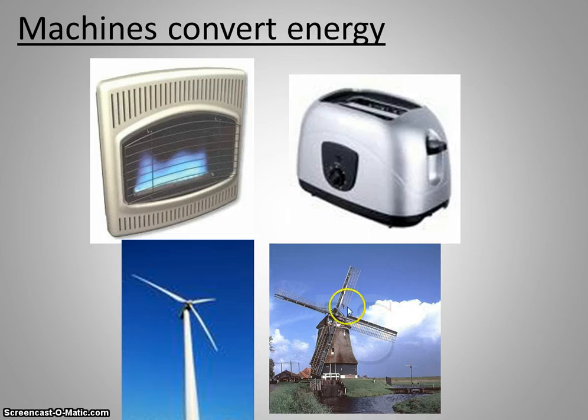And here's another windmill, which is going to use the wind energy, once again, that mechanical energy of the wind, and turn it into the energy that we need, either electrical energy or more kinetic energy, mechanical energy, to maybe turn the stones in a mill to grind wheat for bread or whatnot. It can convert the mechanical energy of the wind into other mechanical energy that we need. Still energy conversion.